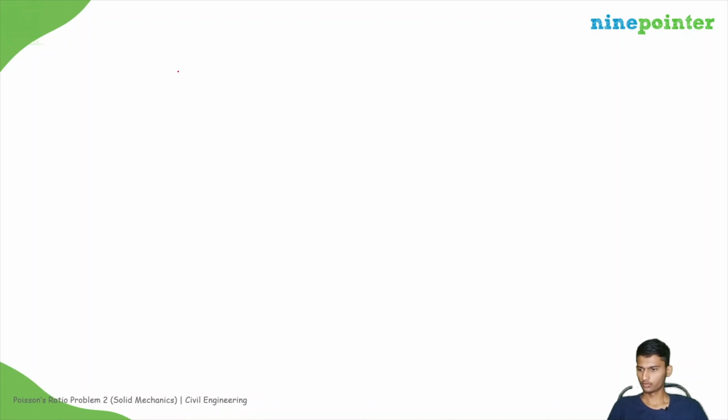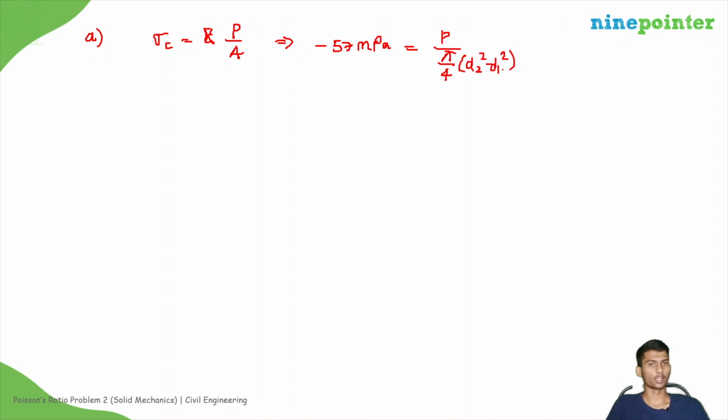That is very simple for part A. The compressive stress sigma C is equal to P by A. We already know 57 megapascals, and this will be minus P divided by A, where A is pi by 4 into D2 square minus D1 square. So P will be equal to minus 57 into pi by 4 into 75 square minus 63 square.